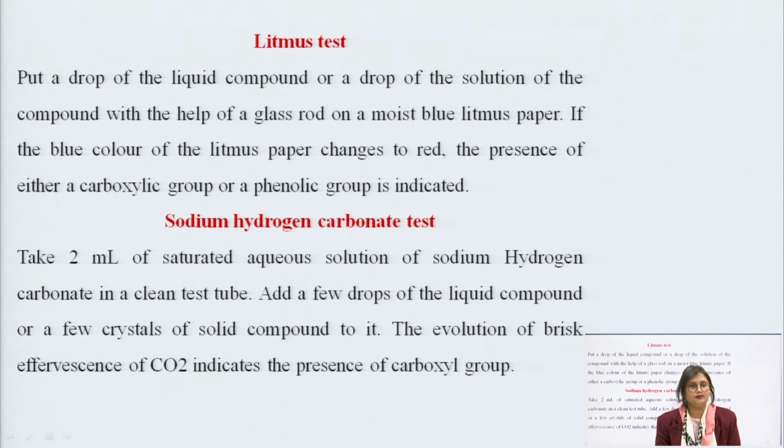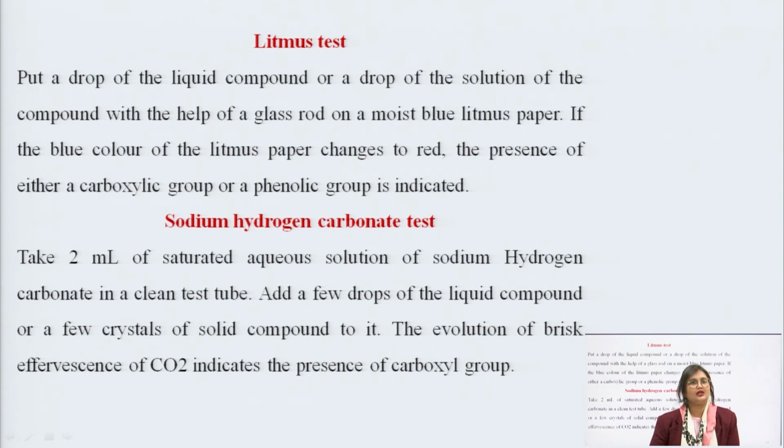So, we take the unknown compound and place it on a blue litmus paper. If we observe a change in color to red, this signifies the presence of carboxylic acid.